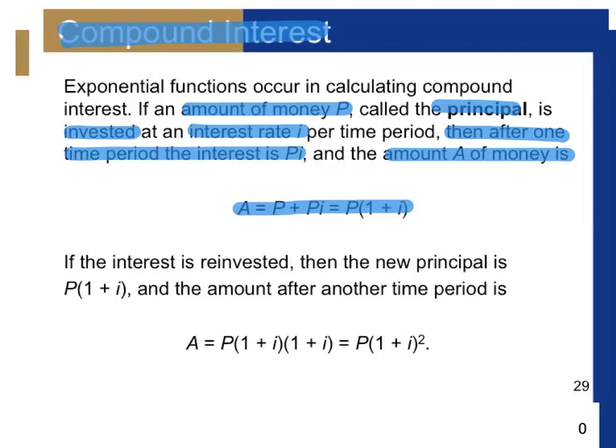Now, if we do that again, so if the interest is reinvested, then the new principal is P times 1 plus I, because that's how much we have in the account now.